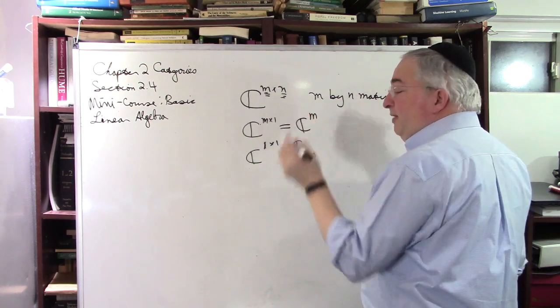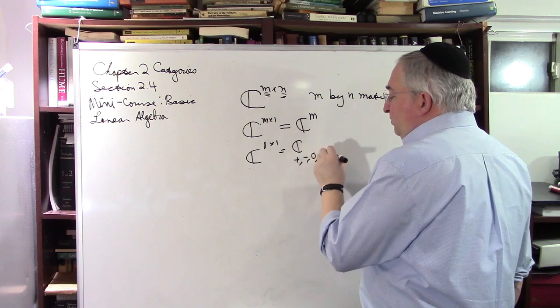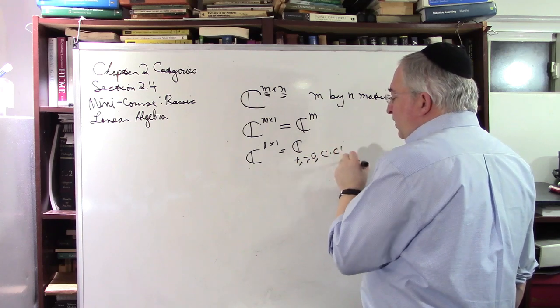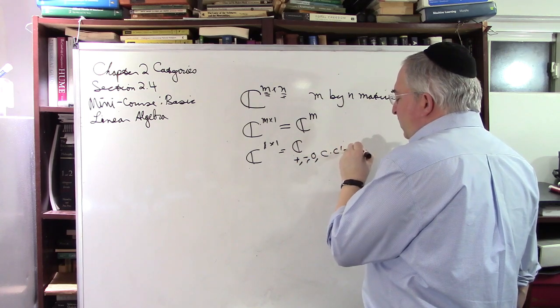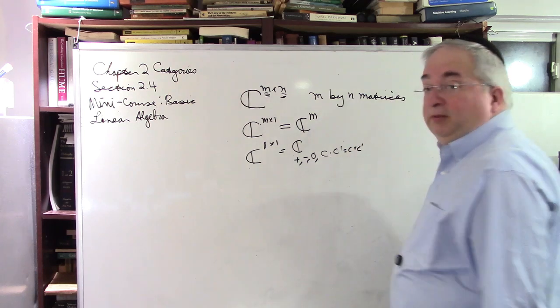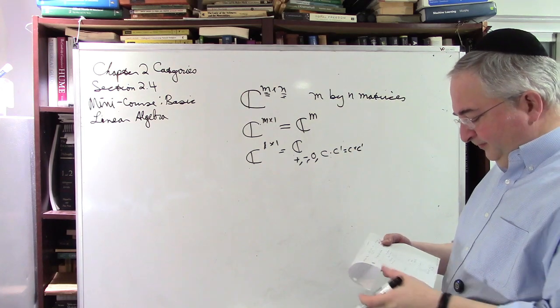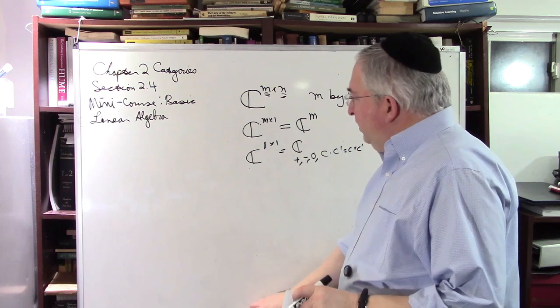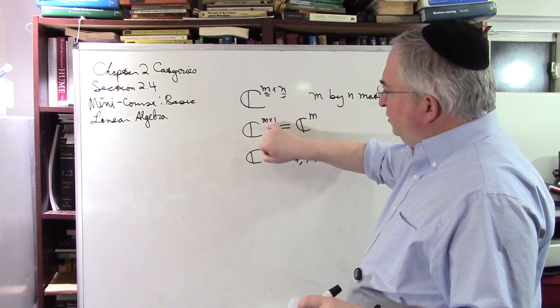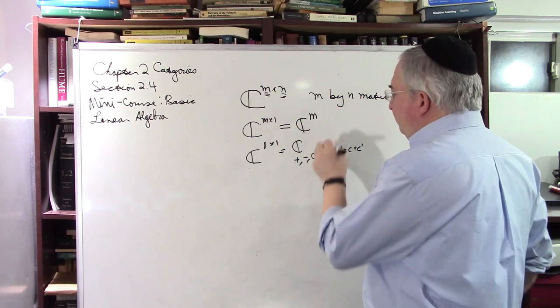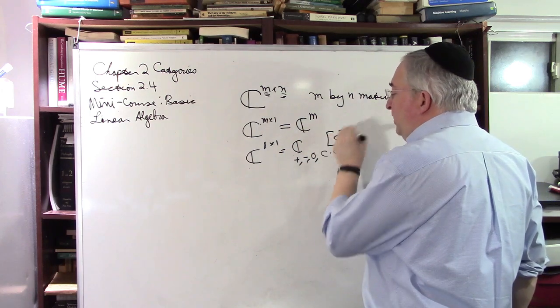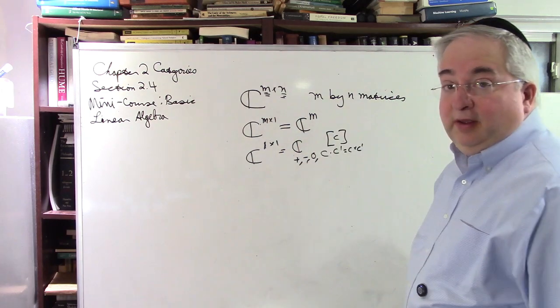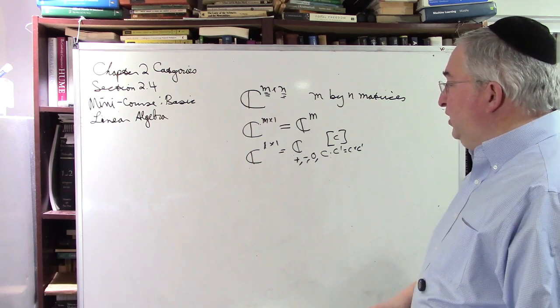There's a 0 in complex numbers. And scalar multiplication is C times C prime. Just multiply the numbers. No problem. Okay. So this is a special case of this, which is a special case of this. If you want, you can think of a complex number as a 1 by 1 matrix with a complex number in it. Nothing shocking there.